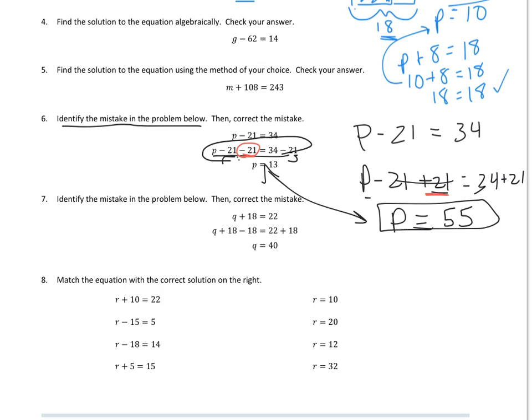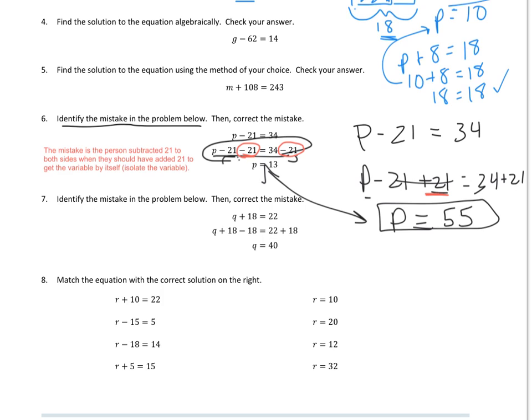Again, they should have added. So the mistake is that this person subtracted 21 when they should have added 21. There's my explanation: the person subtracted 21 to both sides when they should have added 21 to get the variable by itself, or isolate the variable.